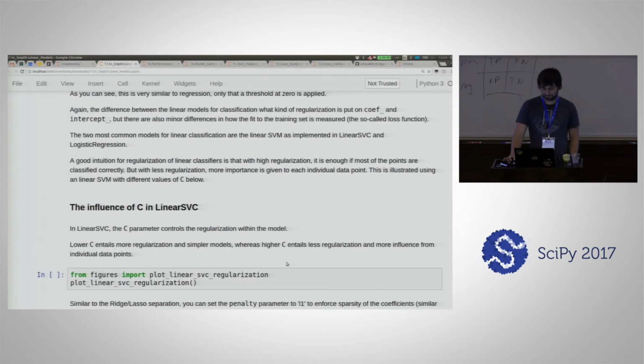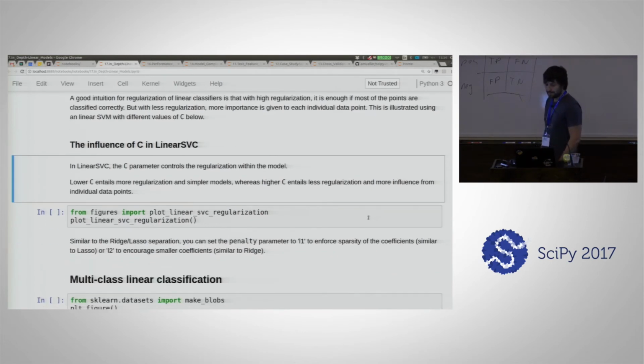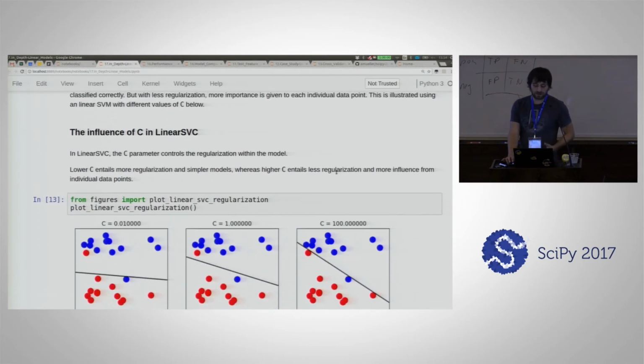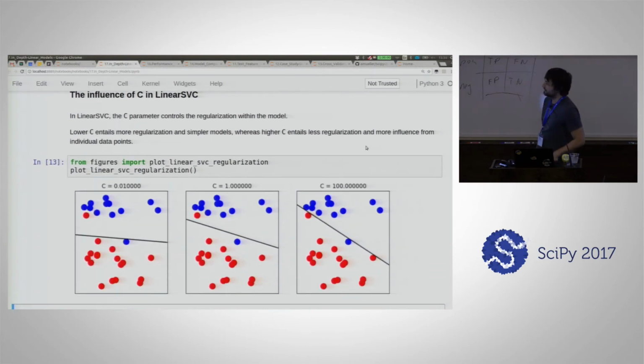In both of these models, you can have an L1 penalty as in lasso, or an L2 penalty as in Ridge. For historic reasons, the penalty is called C, and it's more or less 1 over alpha. So a large C means less regularization, a small C means more regularization.